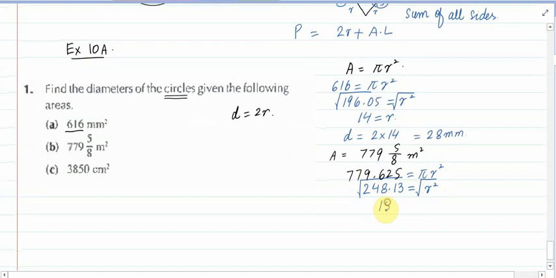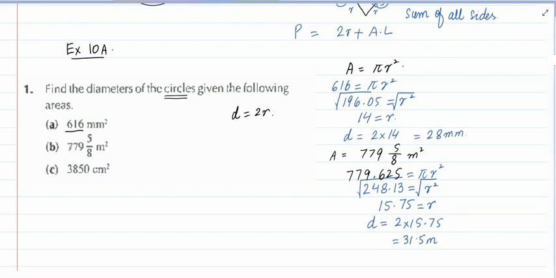So it's 15.75 equals r, and diameter is 2 times 15.75. So it's 31.5 and the unit is meters for part B, right? Now the first two parts we have covered, and this part C is your homework. Okay, so same working, same strategy and same concept. You need to try this question by yourself.